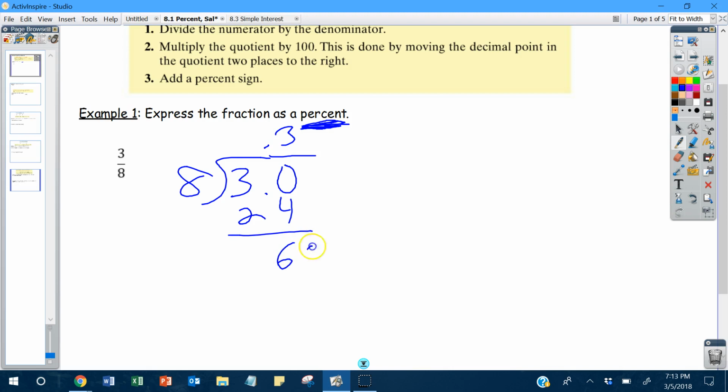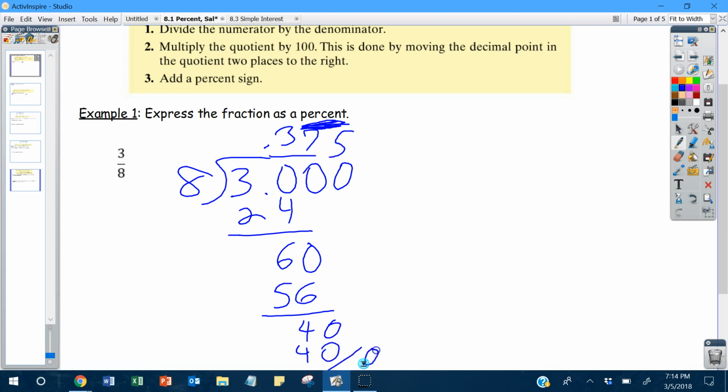If I bring another 0 down, I have a 60, and 8 goes into 60 7 times, and I get a 56 here. I can do this one more time. 8 goes into 40 5 times, and that leaves me a remainder of 0. So 3 divided by 8 is 0.375.